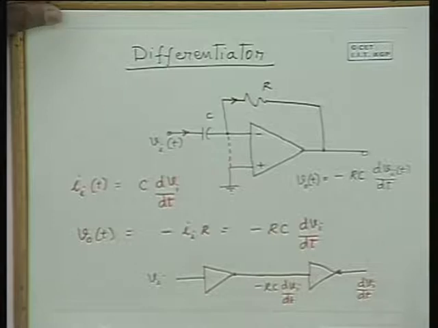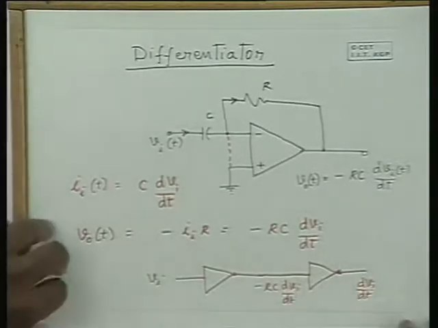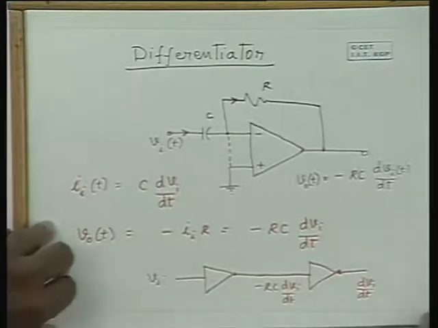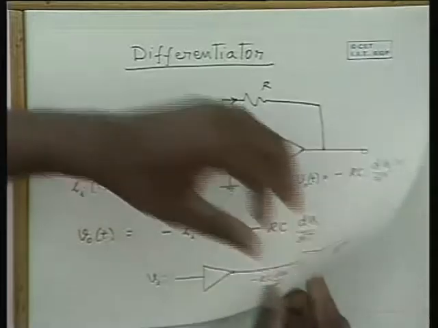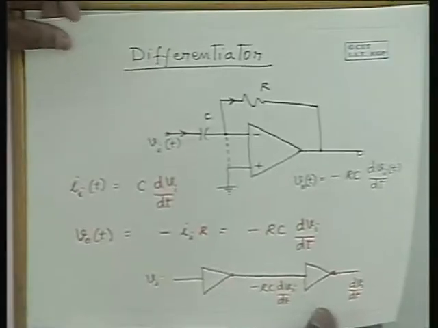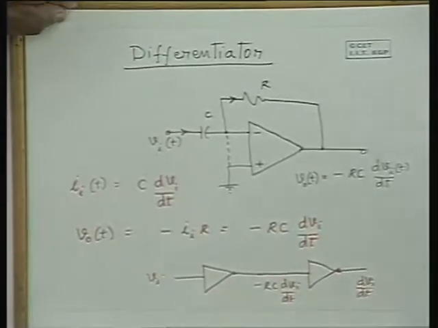So the scaling factor and the signs can be easily manipulated using an extra stage or a few extra stages of amplification. Now we can have combinations of these and have different versions of amplifiers.